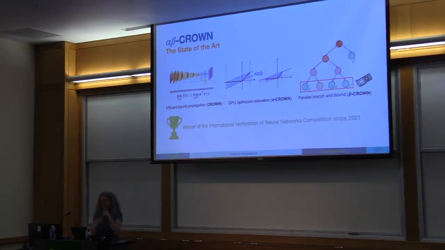They have abstractions, these linear approximations, not just for ReLUs, they have a lot of other activation functions. They support other kinds of models. The only disadvantage that I see is that since they use optimization techniques, when they do this branch and bound, they cannot stop in between, in a sense.